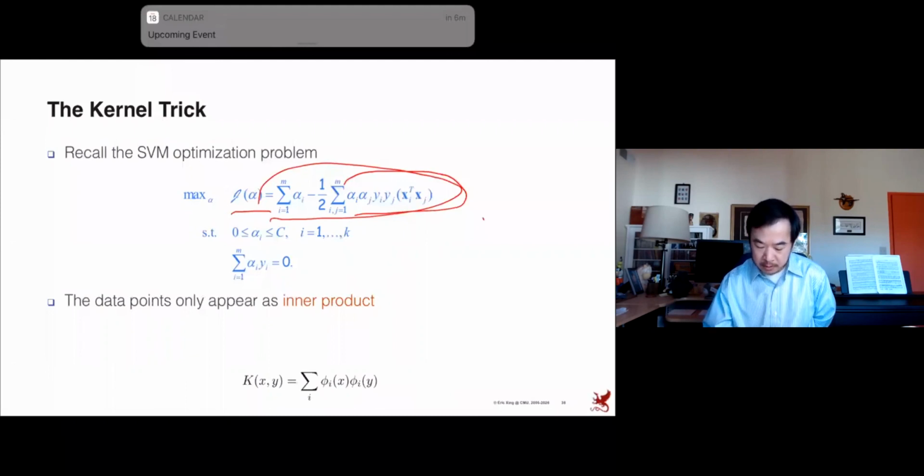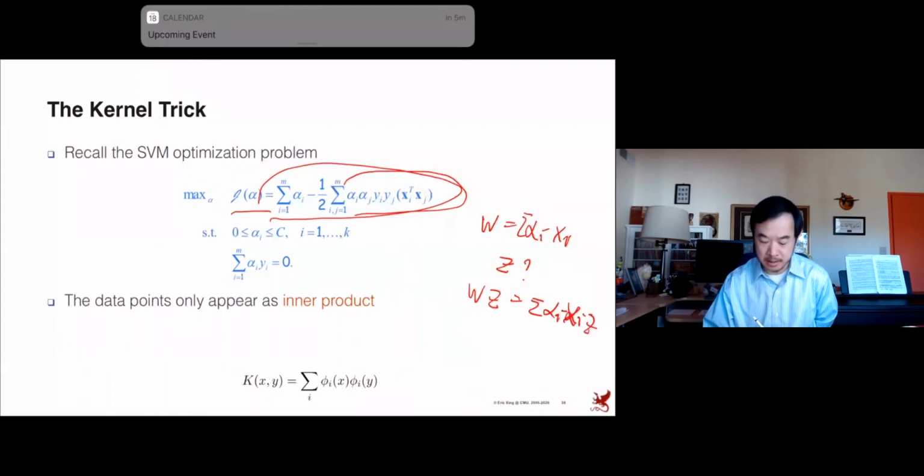Even when you learn the weights, which are a combination alpha of the data points, and when you're testing a new data point, let's say I'm going to have a new Z to be tested, this still results in a dot product between two data points. Right?